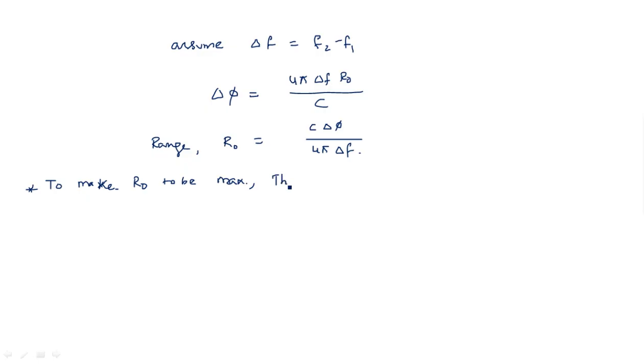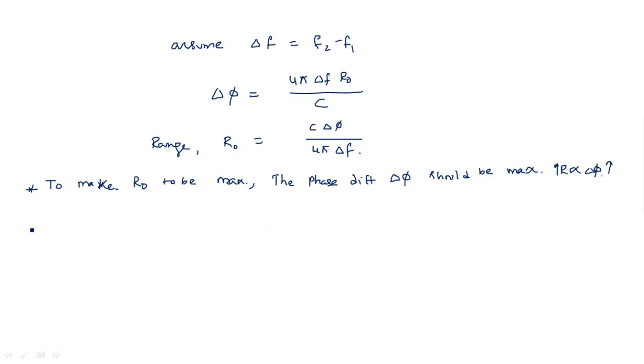The phase difference delta phi should be maximum, because R is proportional to delta phi. So if delta phi increases, R also increases.